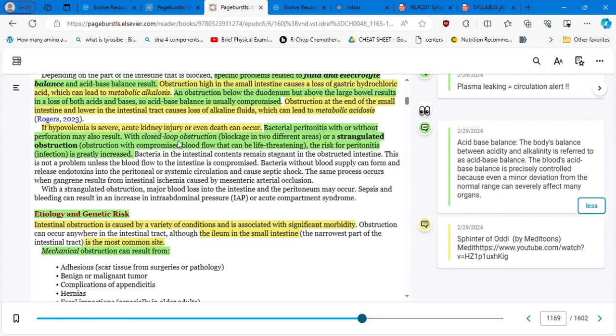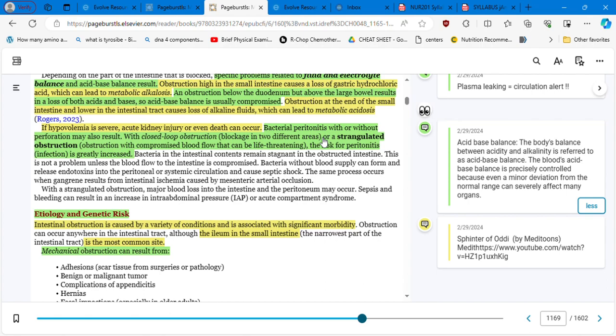With closed loop obstruction, which is blockage into different areas, closed loop means there is an obstruction from point A to point B. Okay, for example, you can have an obstruction that starts in the beginning of the jejunum, and then there is another obstruction at the end of the jejunum, meaning the beginning of the ileum.